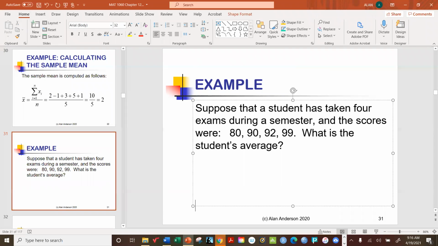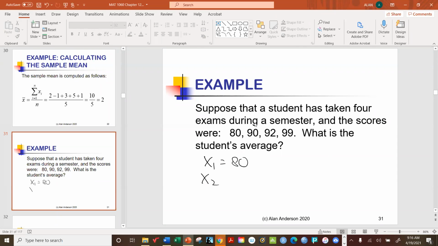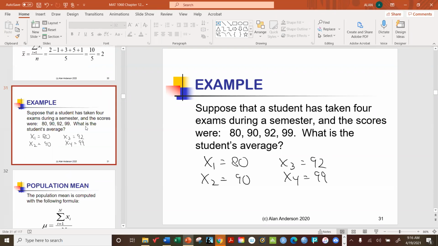Okay, so you can think of these as x1 is 80, x2 is 90, x3 is 92, x4 is 99. What are we going to do with this information?